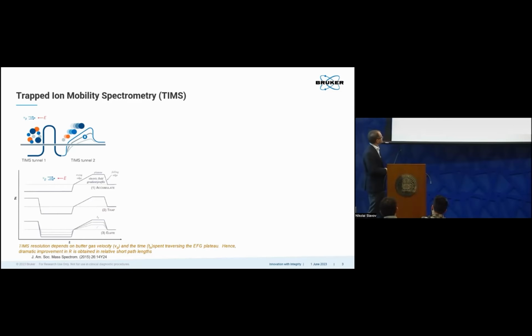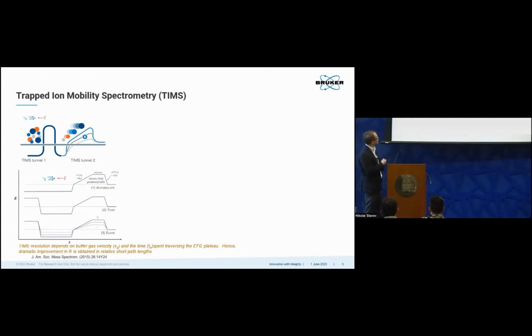This technique is relatively new from a mobility perspective, but it's been around for a little while. It was developed by my colleague Mel Park and colleagues in the R&D group. This shows some of the early principles from 2015, showing this rising edge of the electric field gradient profile here.